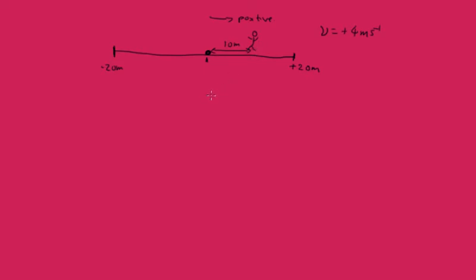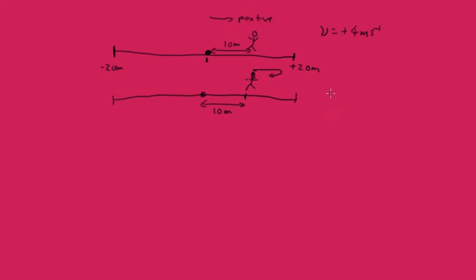So now our wee man is still running. Here's our origin, but now he's still at the same point as he was before, but this time he has run to the end and he's on his way back. So let's think, what is his displacement?